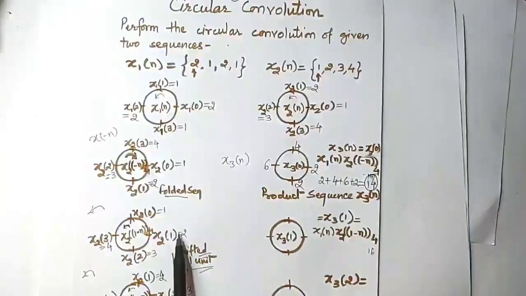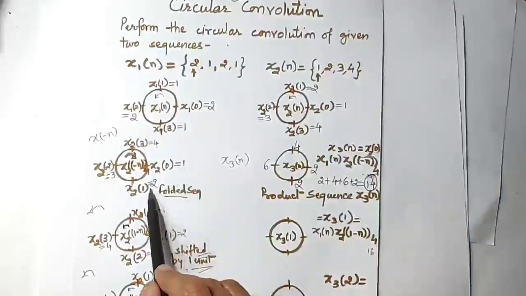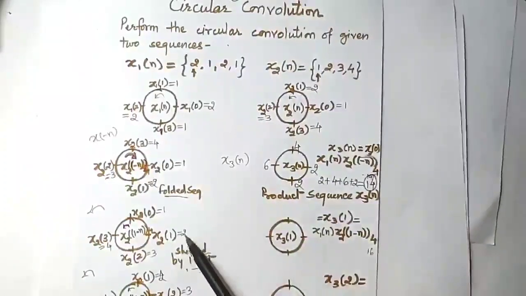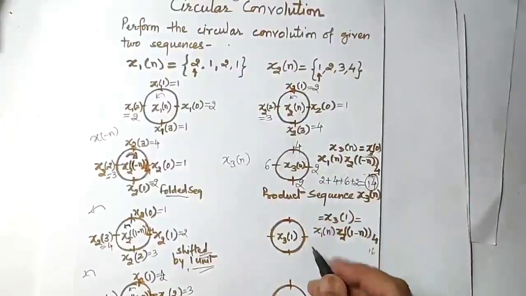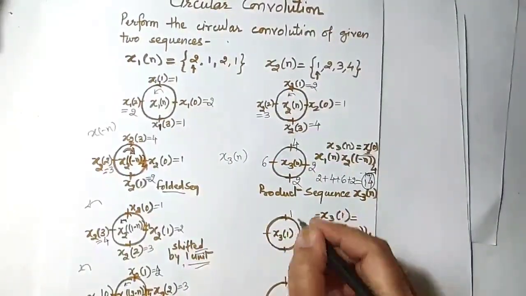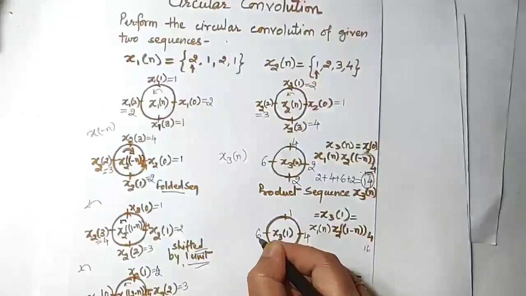Okay, and I have written the values as they are, 1, 2, 3, 4 we had, so it is shifted. Now multiply it. 2 with this value 2, so we have 4. 1 with this value 1, so it is 1. Then 4 into 2, so it is 8.